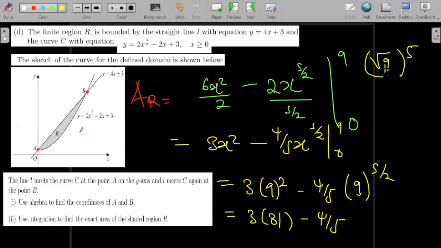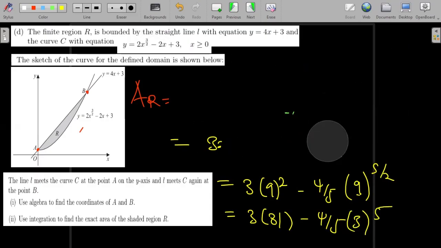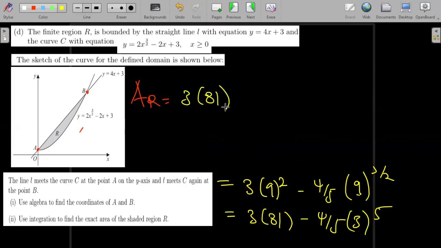So the square root of 9 is 3. And then 3 to the power 5. That's what we have here. Okay, so you might need your calculators there. So let's punch that. Okay, so the area will turn out to be 3 multiplied by 81, and then minus, so 3 to the power 5 is giving me 243.